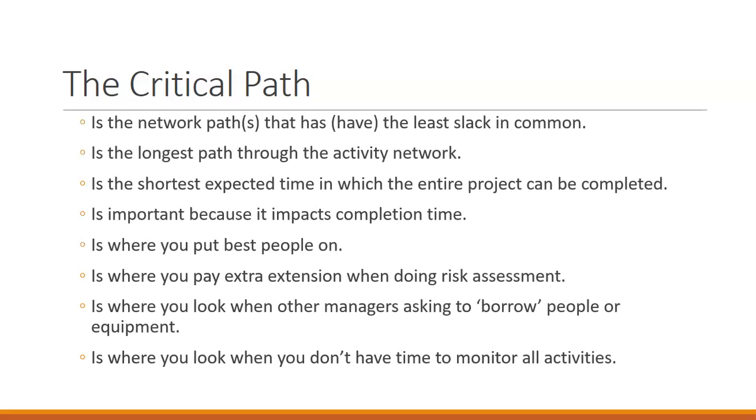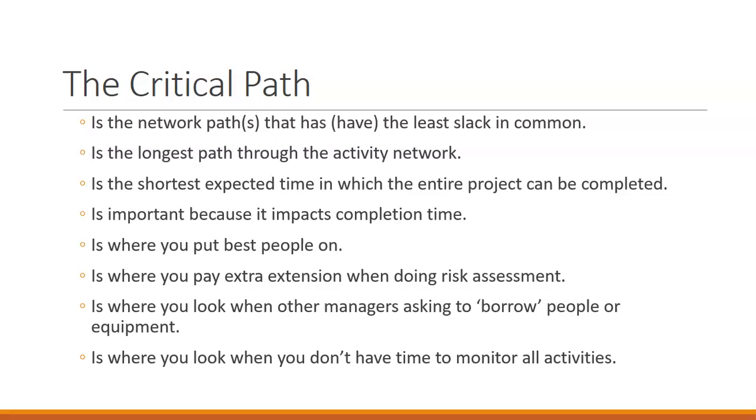When we're talking about the critical path, it's the network path that has the least slack in common. It's the longest path through the activity network. The critical path is the shortest expected time in which the entire project can be completed, and it's denoted in these projects with dotted lines.